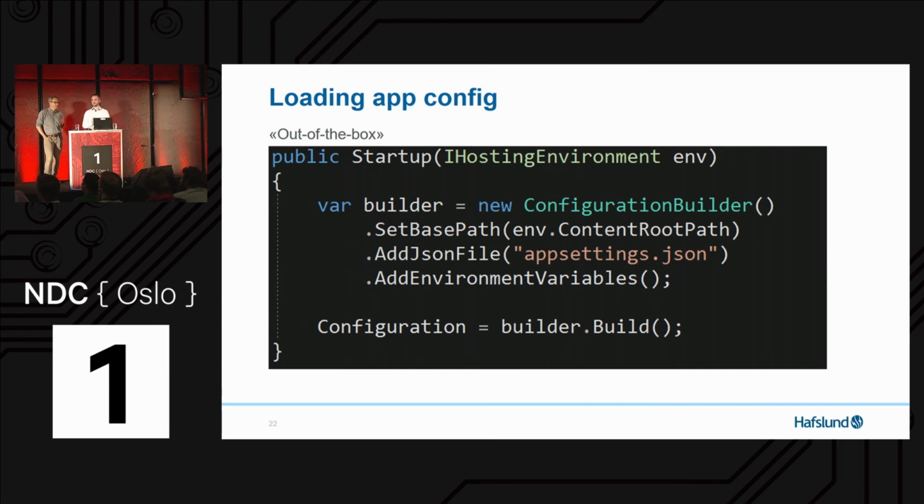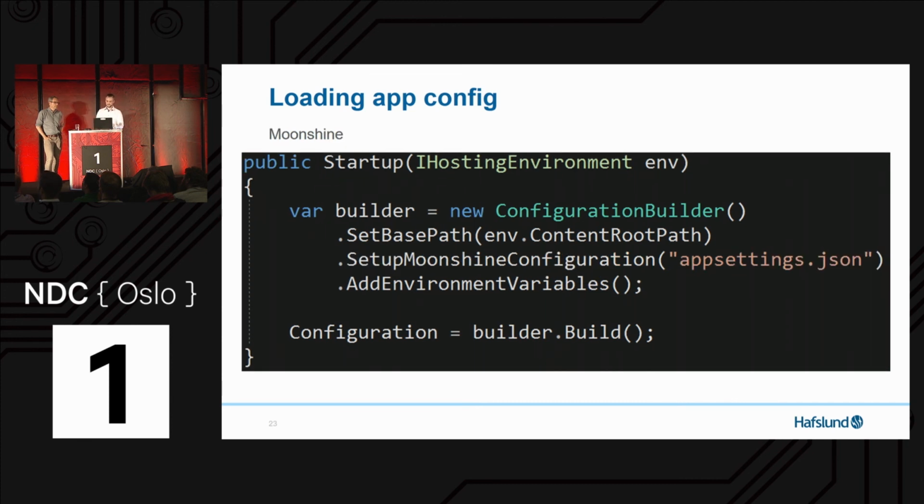So how do we actually input this config file into our code? Well, this is the standard way of doing it in .NET Core. You just say add JSON file to our configuration builder, and then you build it. How we do it in Moonshine is basically the same way, but with an extension method. So we have just extended the configuration builder. Now, instead of saying add JSON file, we just say set up Moonshine configuration with our config file.